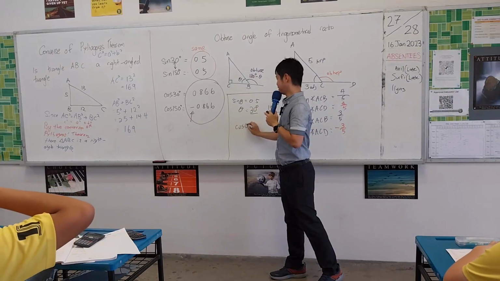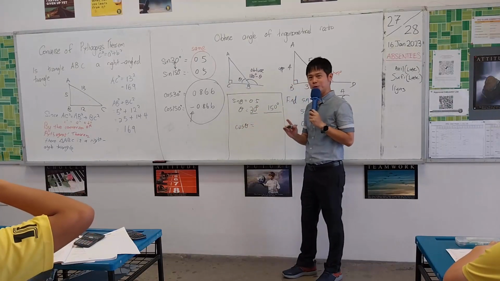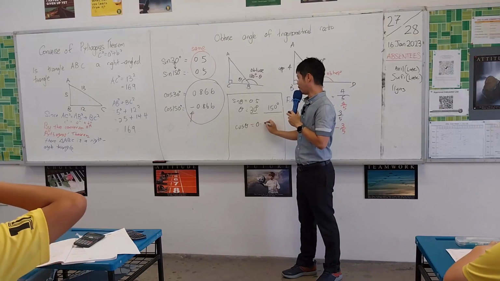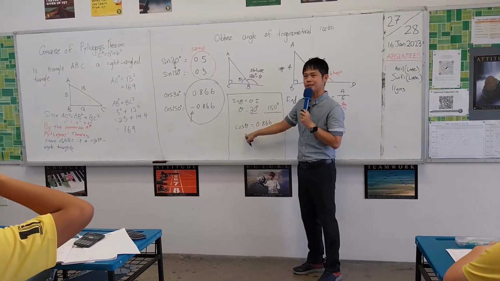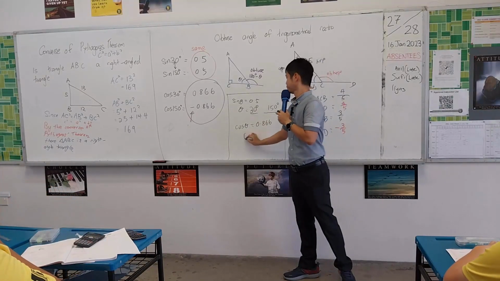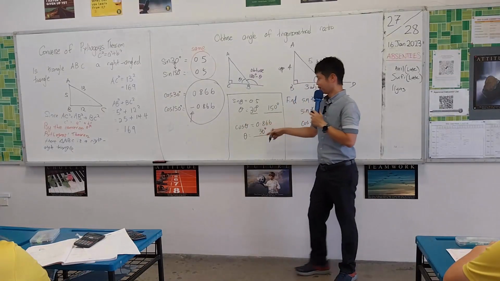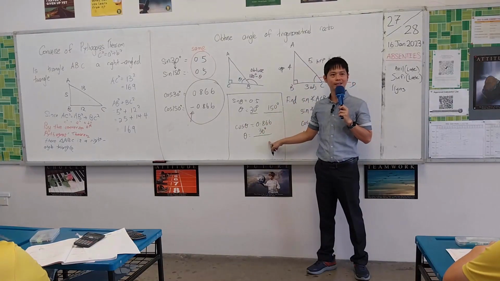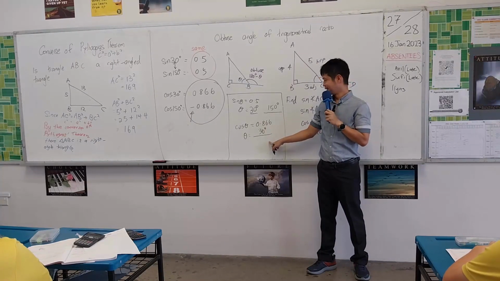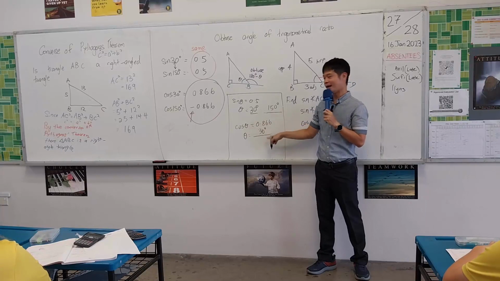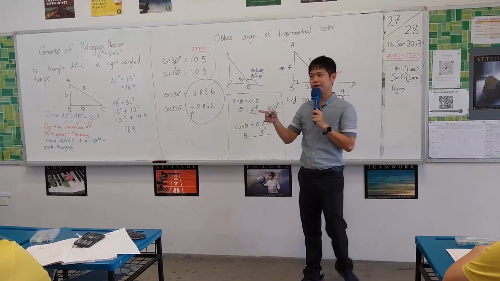The question is this now. Cosine theta equals 0.866. What is theta? Now, is this the only answer? Can it be 150?